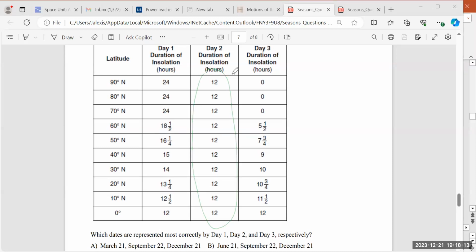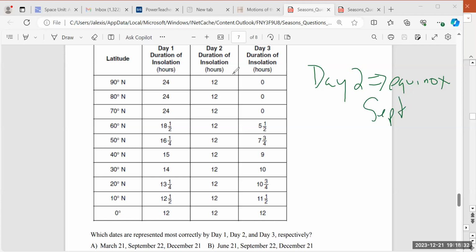If it's all 12 hours, that lets me know that day 2 has to be only one kind of day. Day 2 has to be an equinox day. So it's either September 21st or March 21st, right? Or one of the ranges that we discussed earlier, 21st to the 23rd, something like that. So that's the first thing.